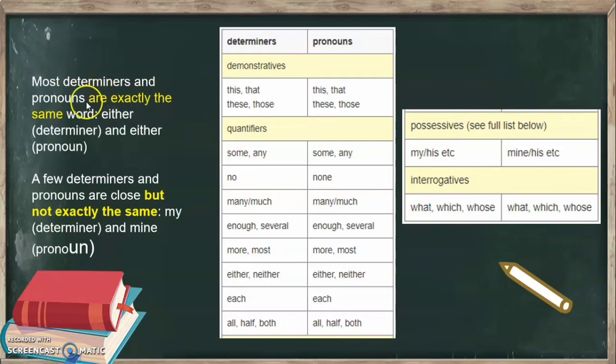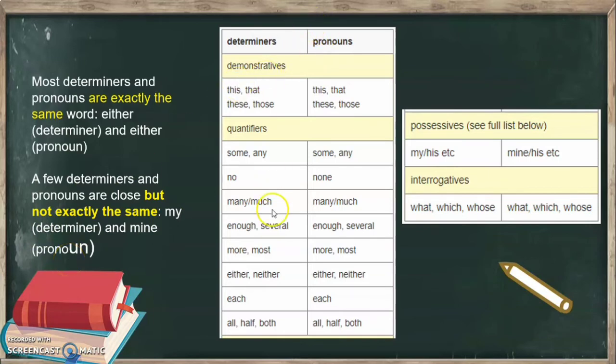Determiners and pronouns can be exactly the same word, like either and either. Both are determiner and pronoun. Determiners are close but not exactly the same with pronouns as for this example. My is a determiner and mine is a pronoun, right?